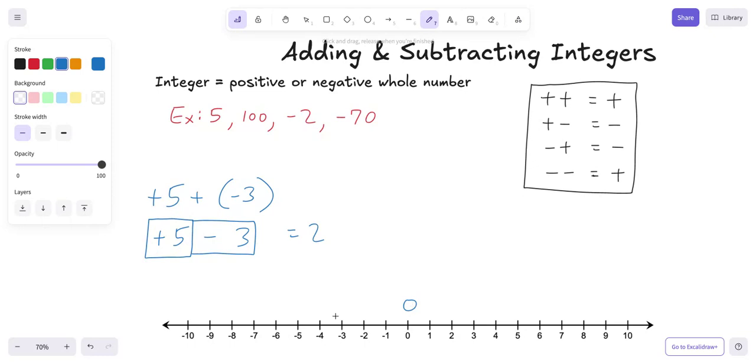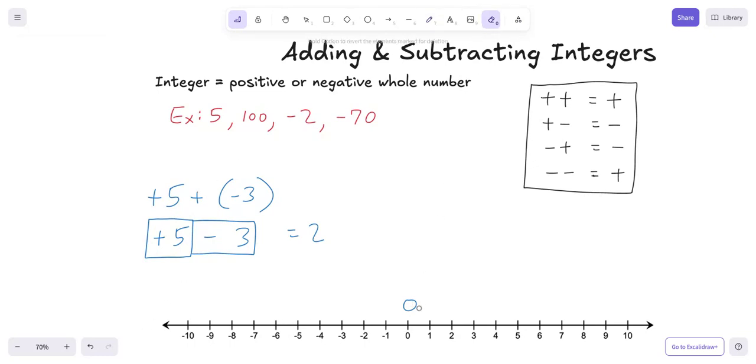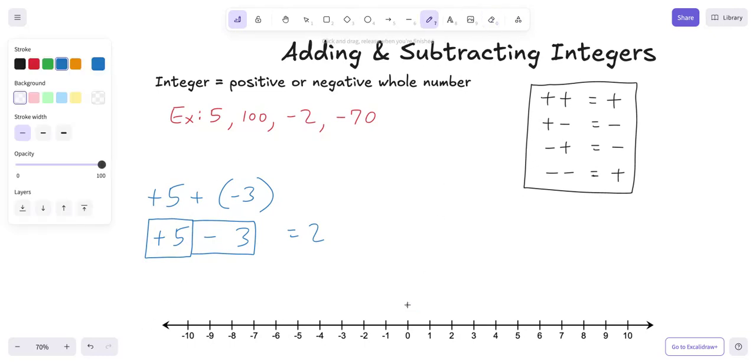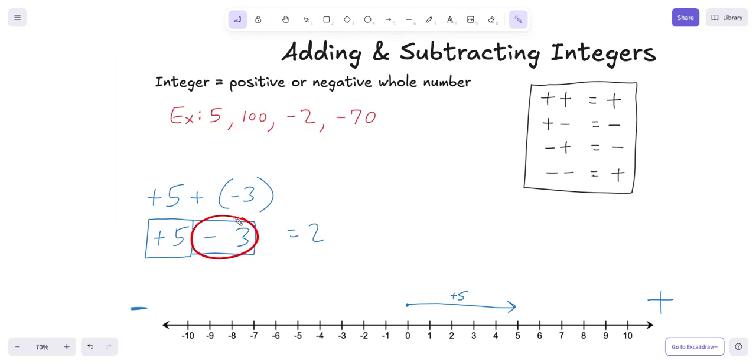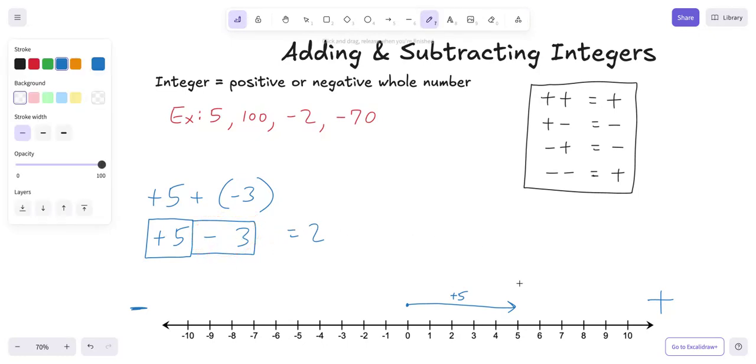So I start here, I go 5 to the right, because it's +5. Positives on the right side, negatives on the left side. Next one is -3. So that's 3 to the left, but I start at 5. Now I go 3 to the left, 1, 2, 3.